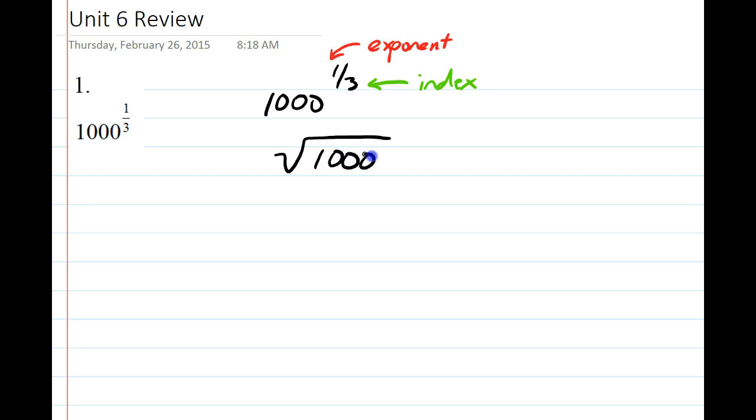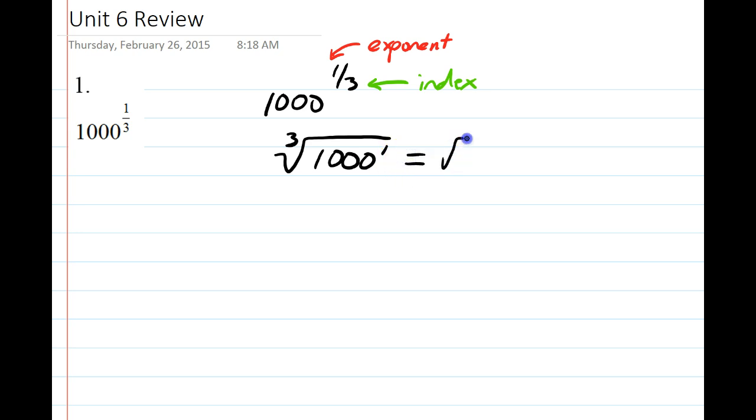Alright, so let's start with 1000 to the 1/3. The 1 is the exponent attached to 1000, and the 3 is the index for our radical. So this becomes 1000 to the power of 1, and we want the radical with an index of 3, or the cube root.